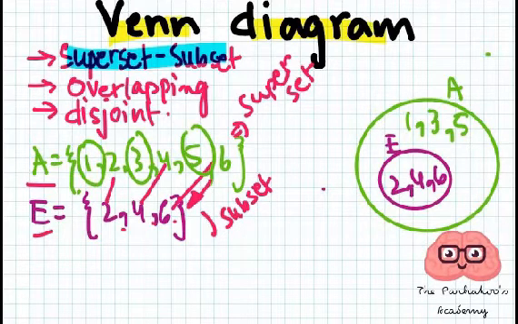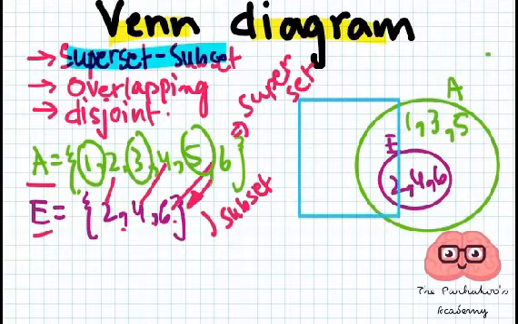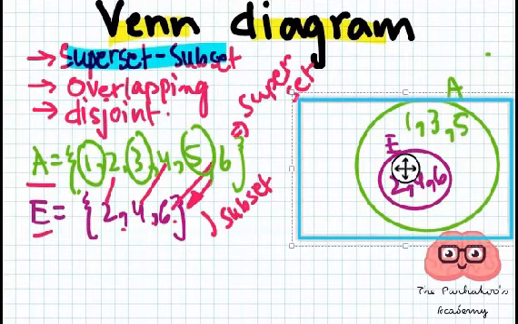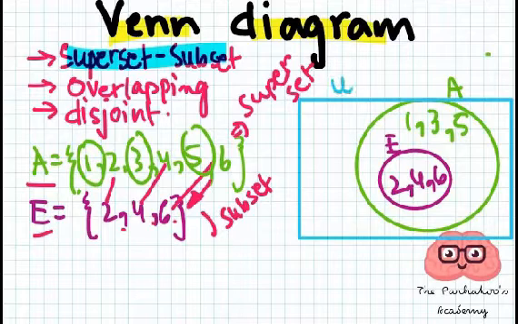Alright, so this Venn diagram shows the superset subset relationship. You can always put this inside the universal set. So this is the universal set. This is how we represent the subset superset relationship by using a Venn diagram. This shows the relationship that E is basically contained in A, or it is the subset of A.